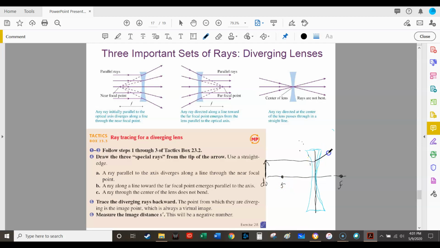Let me redraw that. And so this is that focal point, that parallel ray. Okay.